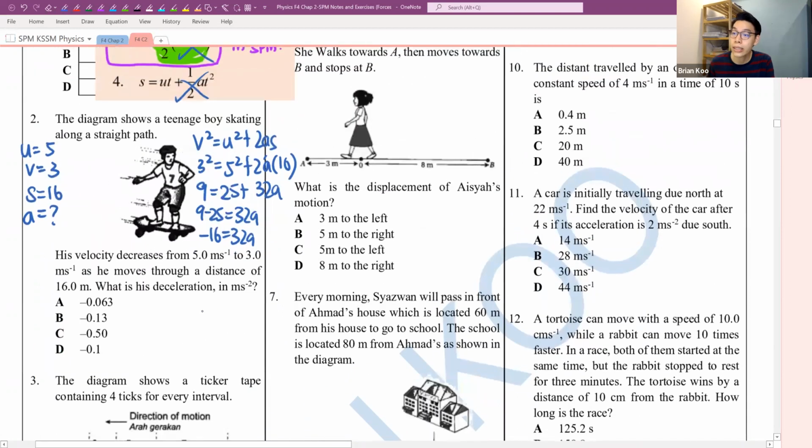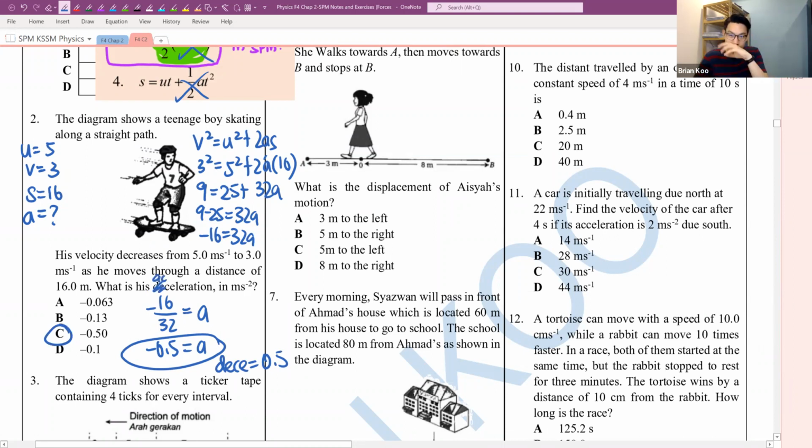A is negative 16 divided by 32. A is negative 0.5. Oh, I think the question should say, what is his acceleration, right? So acceleration is negative 0.5. Then deceleration is positive 0.5. Okay, but I can get the answer, but this one is supposed to be acceleration. Yeah, I think there's a mistake with the question.